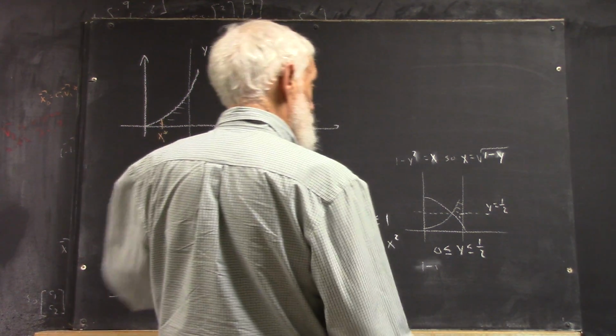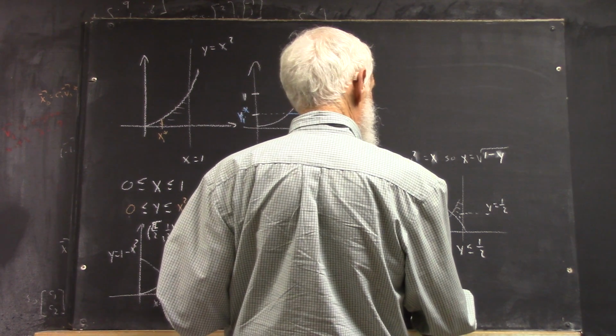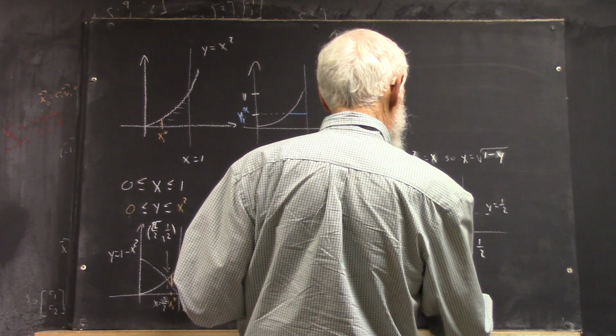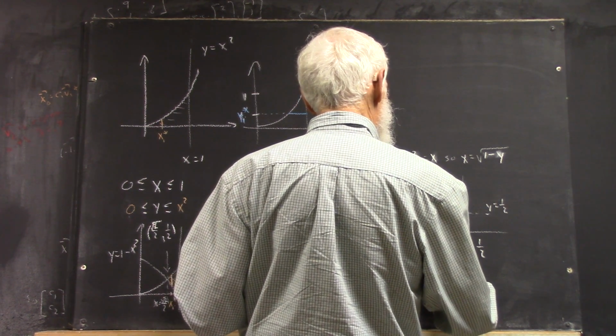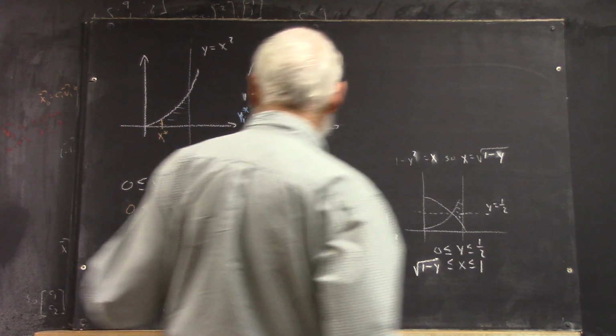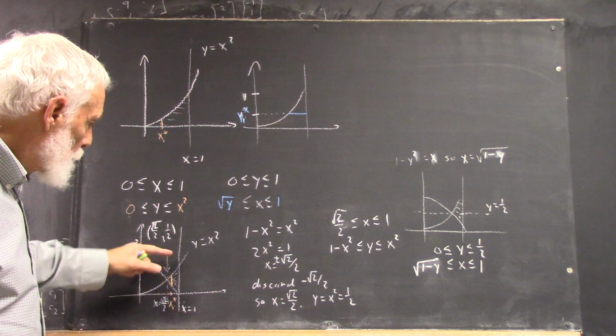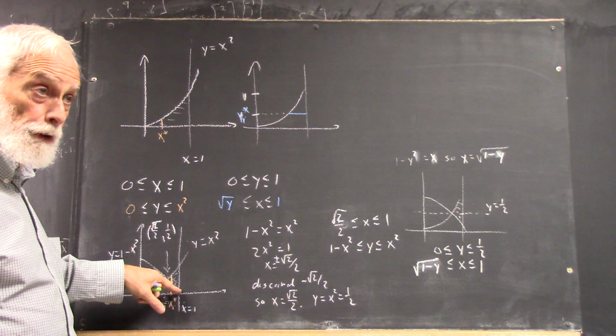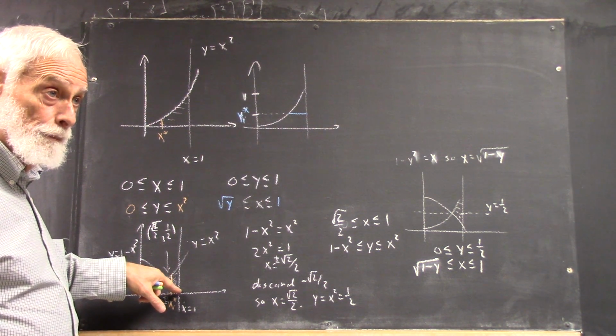So, on this, you're going to say that the square root of 1 minus y has to be less or equal to x, less or equal to 1, because no matter where you are, x is going to end over here at 1, right? Okay?